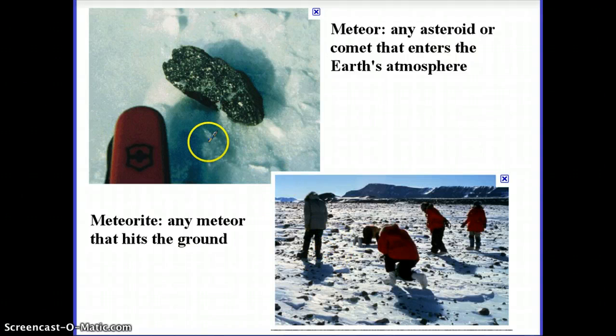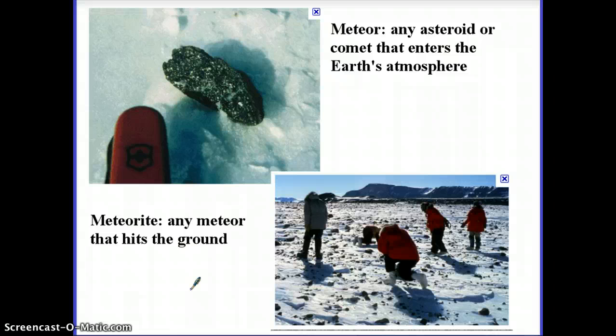You also find these very easily in deserts, but they can be found any place on Earth. They are, in fact, everywhere. It's just that some places are easier to find them than others because of the conditions of the ground. Also, in Antarctica and in the deserts, we don't have a lot of erosion. There's not a lot of rain, there's not too much wind, and so it doesn't erode the meteors away.